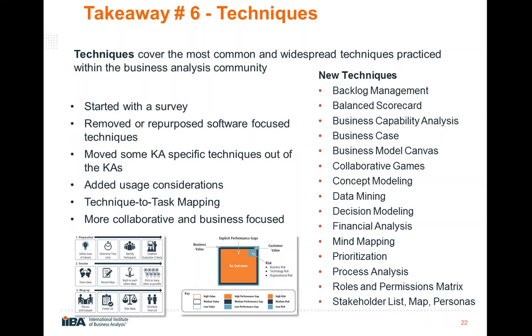Now that's a very key aspect of technique. I think one of the confusions BABOK 2 had was, though it had a relationship with every task, the challenge was really to explain when and how to apply a particular technique, and that's what got included in version 3. So we've added the usage consideration for all the techniques.